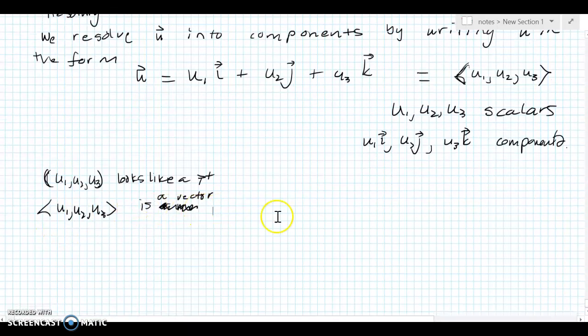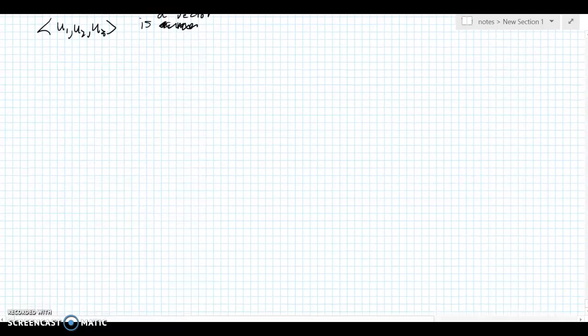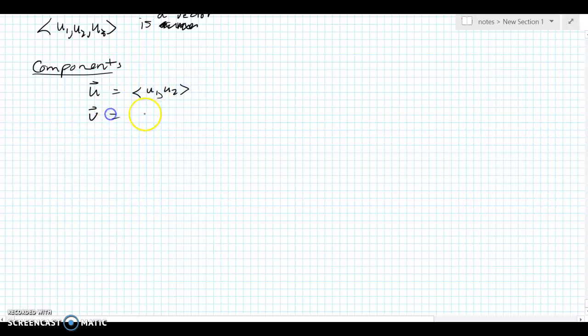Okay, so now let's figure out how we add some real vectors here. We've got the idea, so now let's look at component addition. We've got u equals <u1, u2> and v equals <v1, v2>.